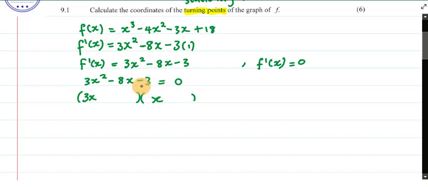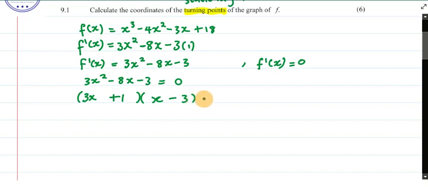When you multiply them, they give you -3, but when you add them, they give you what? They give you -8. So this minus indicate that the factors should take different sign, and the sign of the bigger number should be negative. So factors for 3, it's -3 and 1. So it becomes -3 and +1.